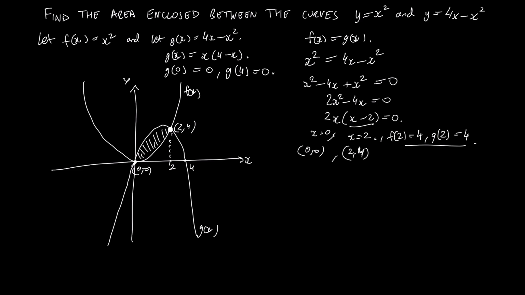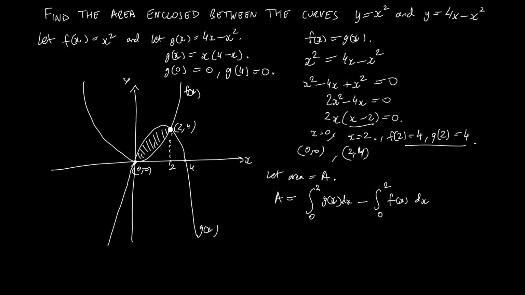Now for us to find the area, let's start with let area equal A. So A will be the integral of 0 up till 2 of g of x minus the integral of 0 up till 2 of f of x.